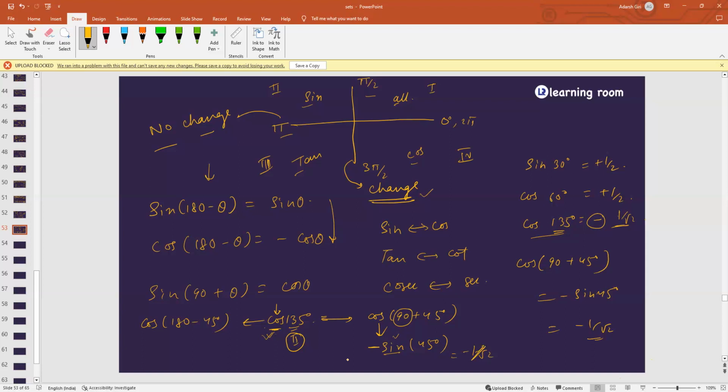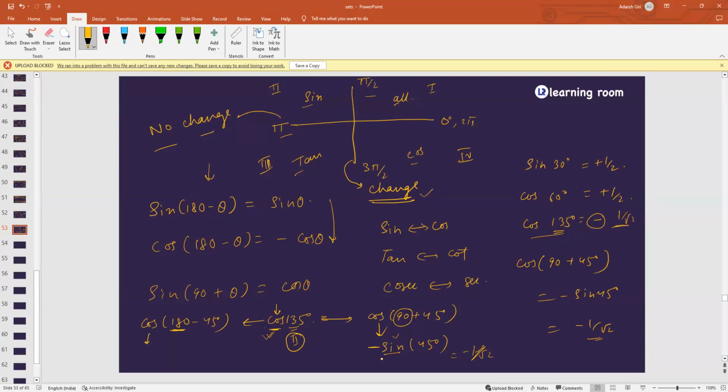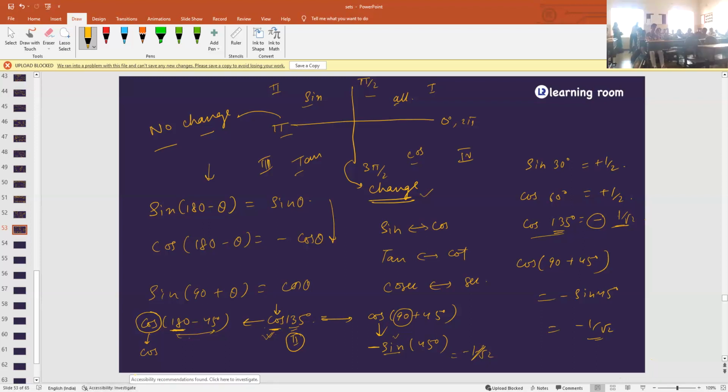Let us calculate it from here. Now 180 degrees. Is 180 degrees change axis or no change axis? No change axis. So cos will remain cos. Now tell me, is this cos positive in this particular quadrant or not? 180 minus 45 is 135, the second quadrant.